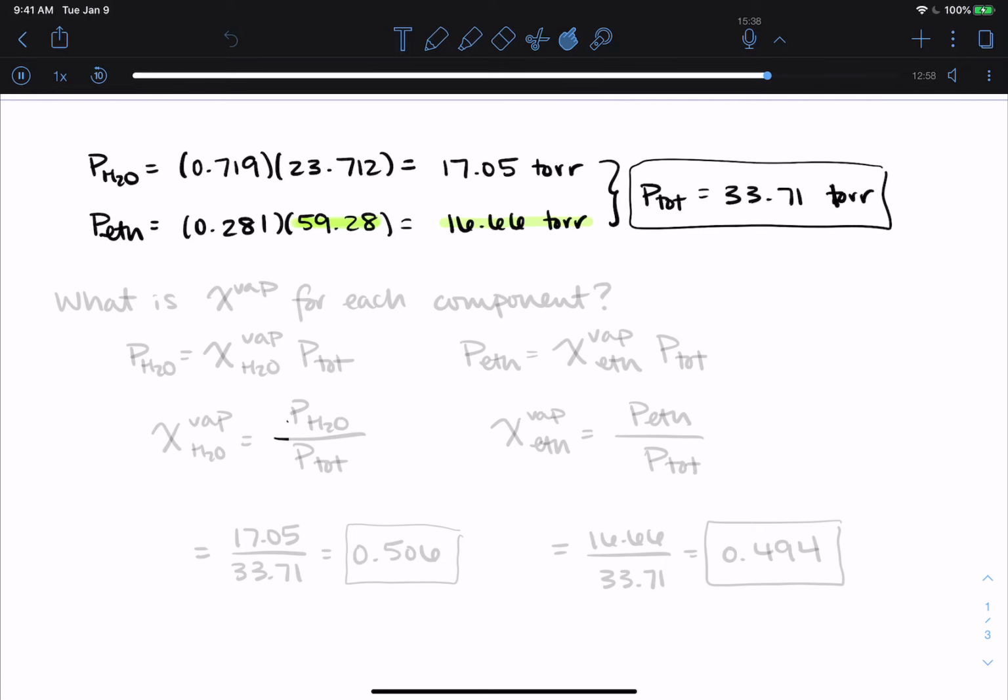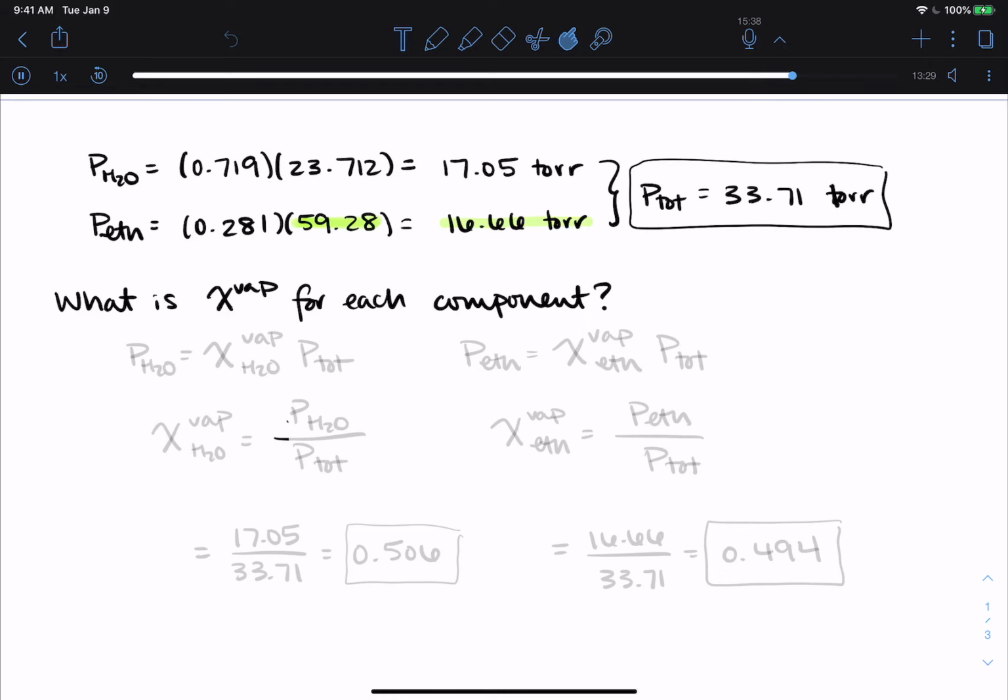So let's do the mole fraction in the vapor for each component. And what's really nice is that we will be able to use the pressure values that we already have to do this calculation.